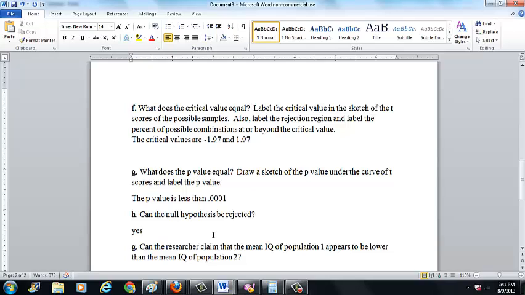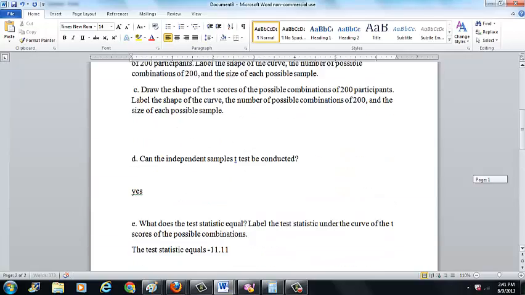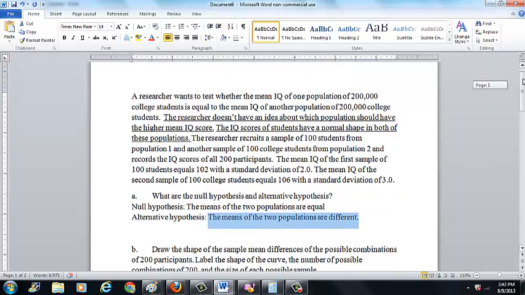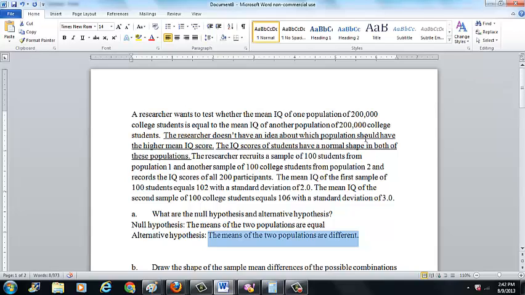And it says, can the researcher claim that the mean of the first population appears to be lower than the mean of the second population? The researcher was able to reject the null hypothesis that they're equal, which means the researcher supported the possibility that they're different. Now the researcher can look at the data set to find out exactly which way they're different, meaning which population appears to have the higher mean.